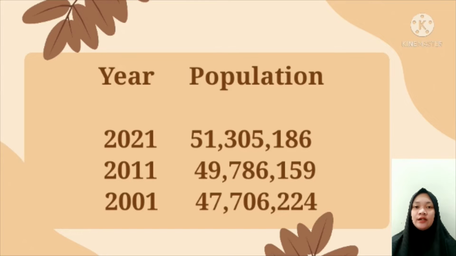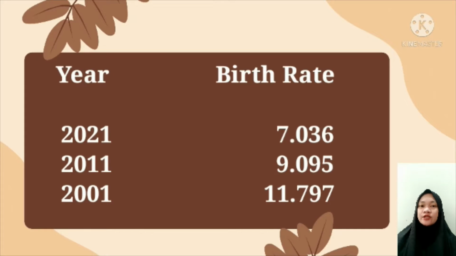In the year 2001, it was 47,706,224, while the birth rate for South Korea in 2021 was 7.036 births per 1,000 people, and in 2011 was 9.095, while in the year 2001 was 11.797.